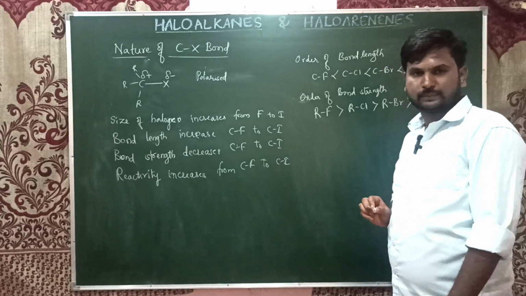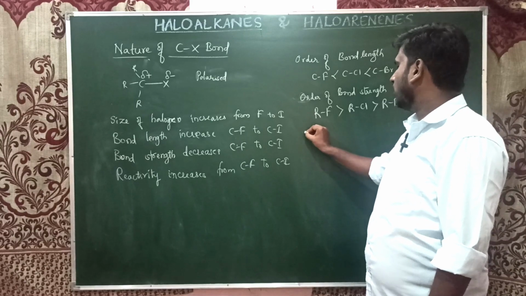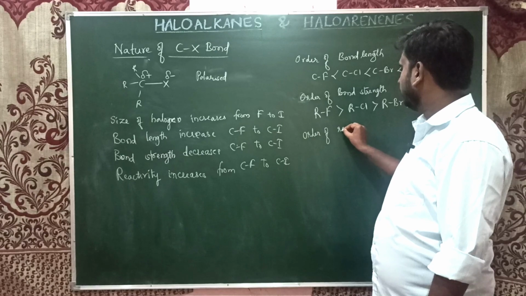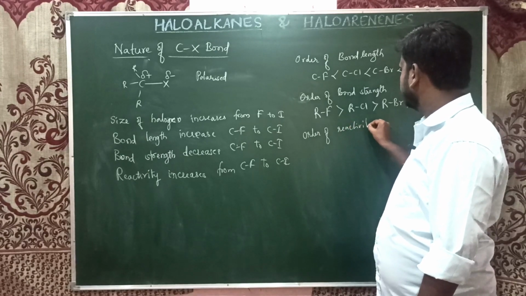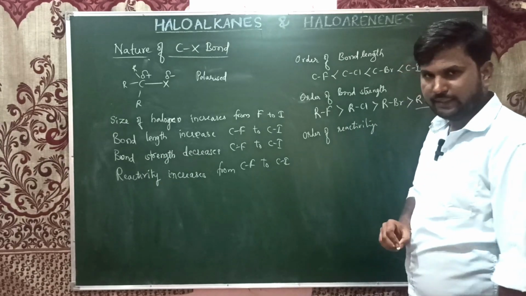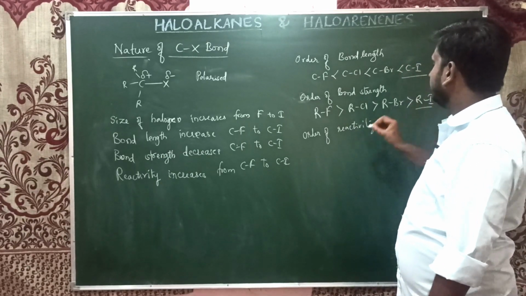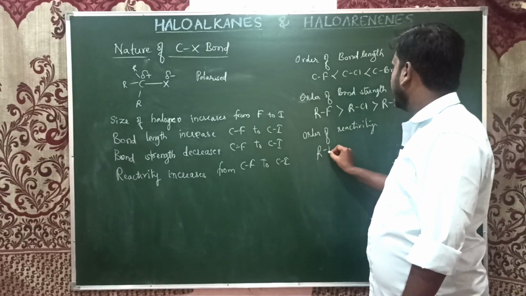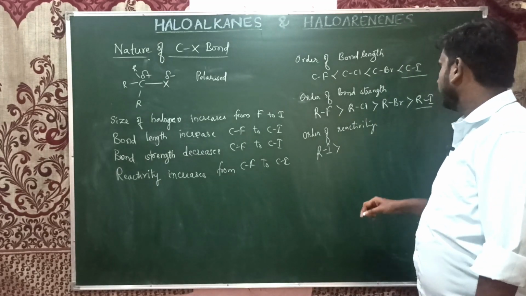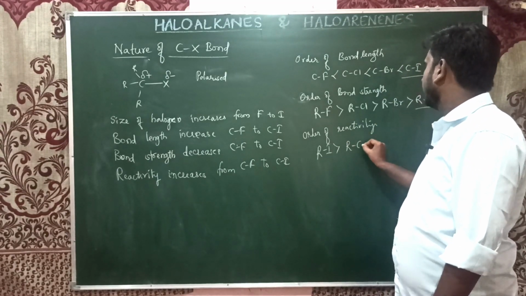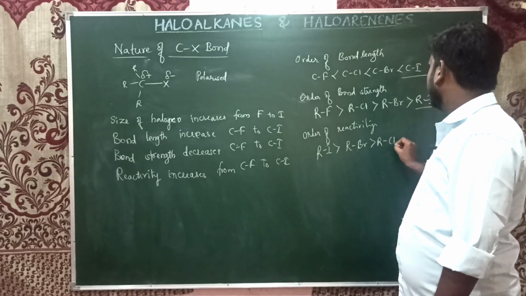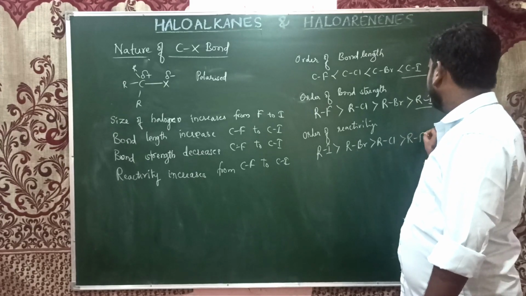And automatically the order of reactivity: as RI has low strength and high bond length, the alkyl iodides are more reactive than alkyl bromides, than alkyl chlorides and alkyl fluorides.